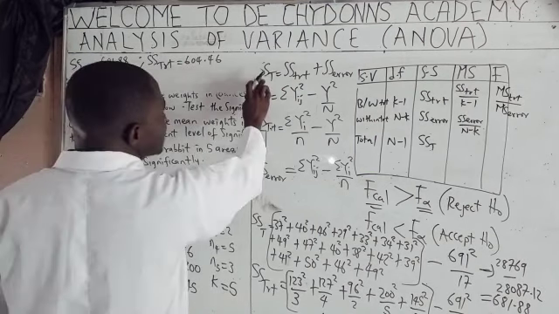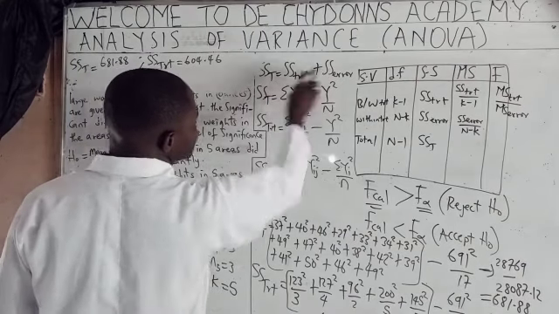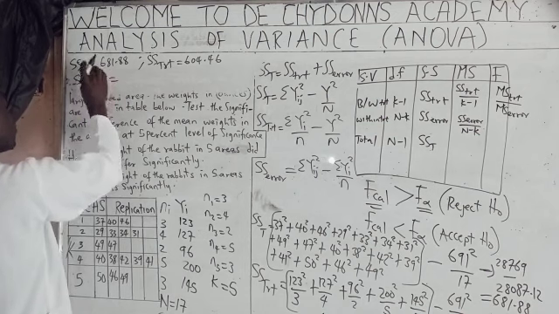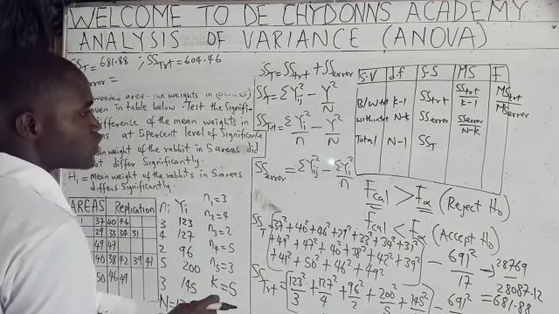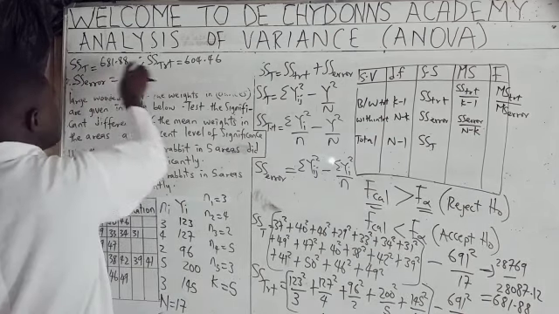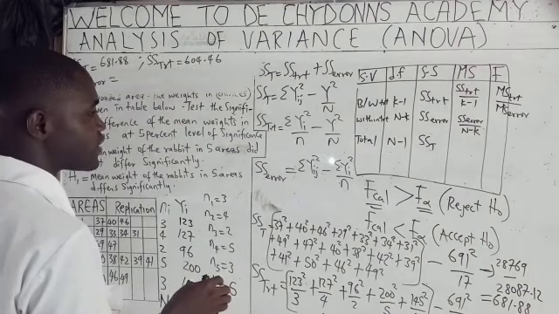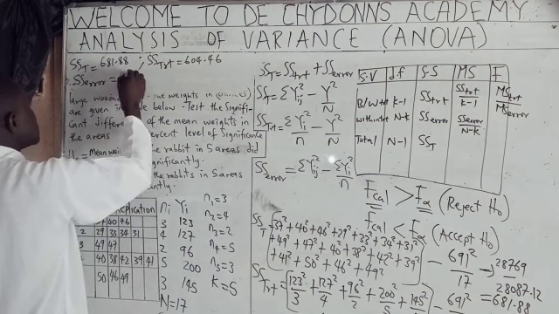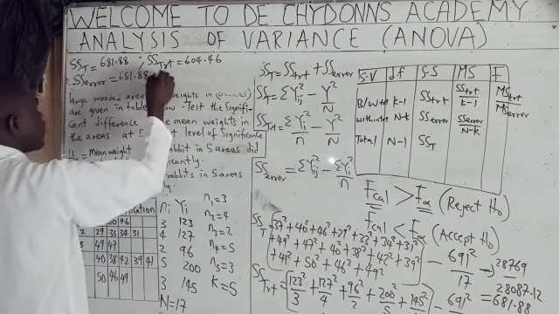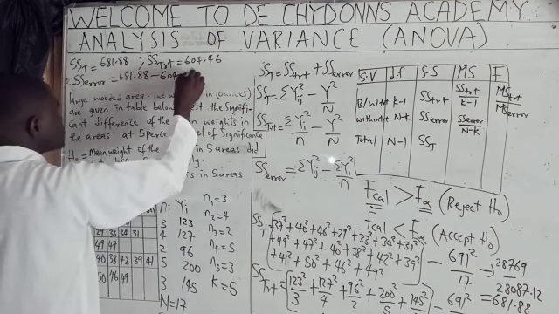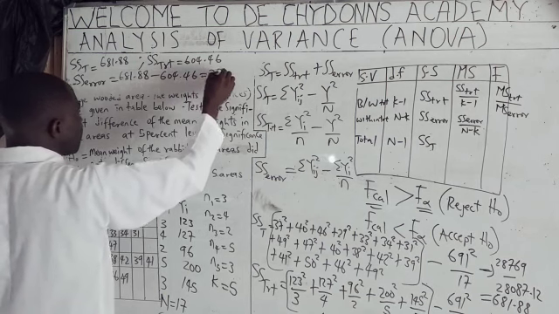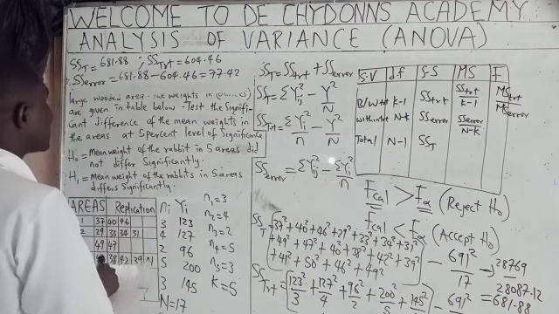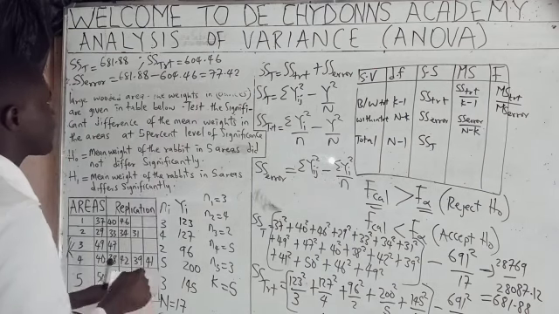Now, since SS total equals SS treatment plus SS error, it means that SS error will be equal to subtracting these two. 681.88 minus 604.46 will be giving you 77.42.